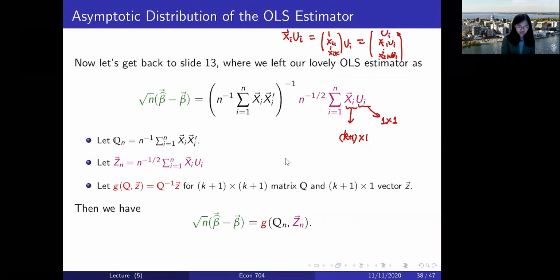And so how do you sum them up? When you sum them up, the sum of xi ui equals x1 u1 plus x2 u2 plus through xn un.